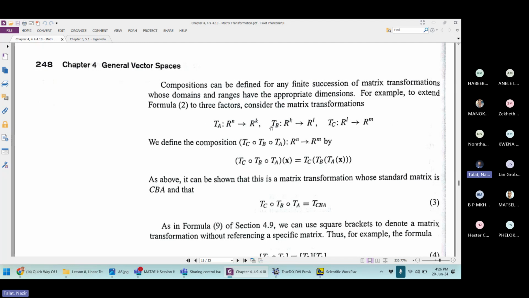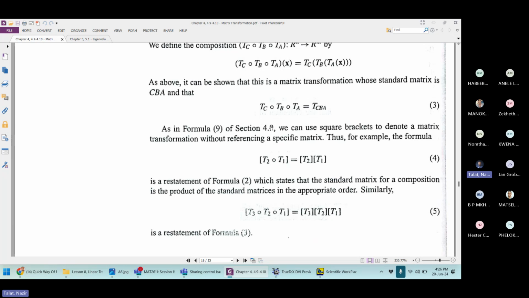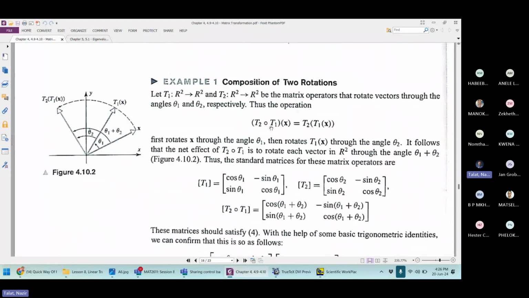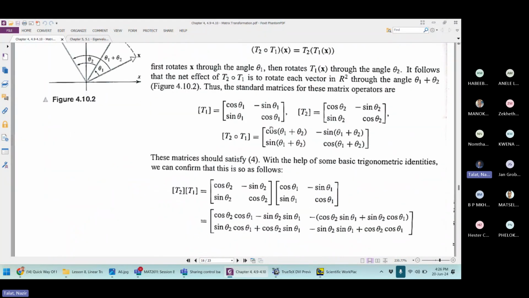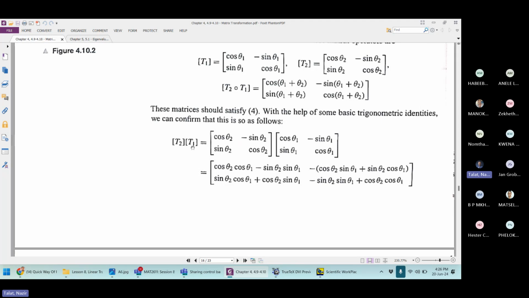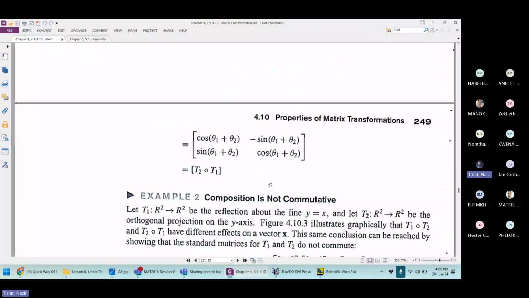So it moves elements from one vector space to the other vector space. Here we can see how it comes: it's simply the multiplication of the matrices of these transformations. So we just need to multiply them.